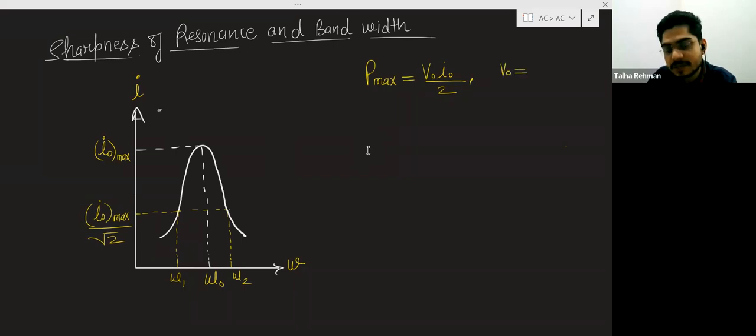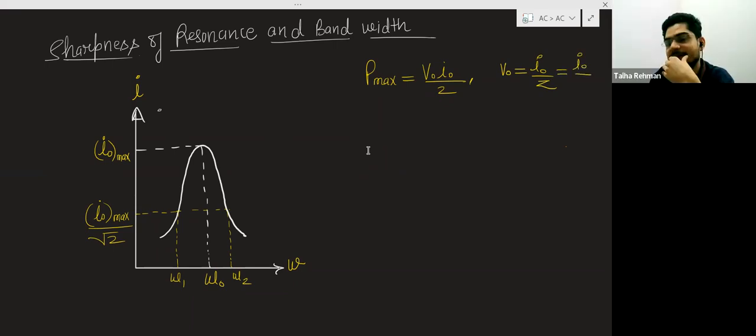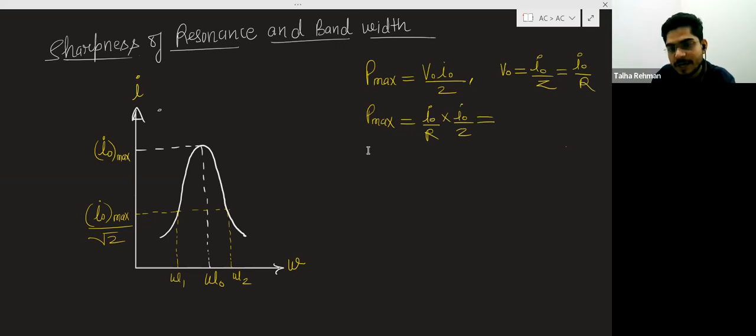V naught can be written as I naught times Z, and at resonance Z is equal to R. So V naught is I naught times R. So P max is V naught I naught by 2, which gives I naught square R by 2.